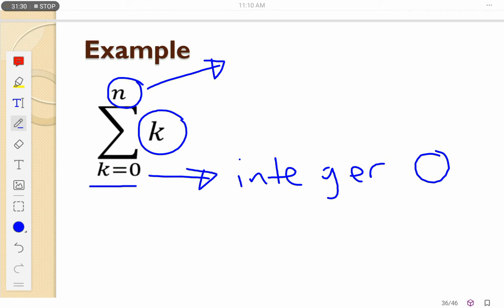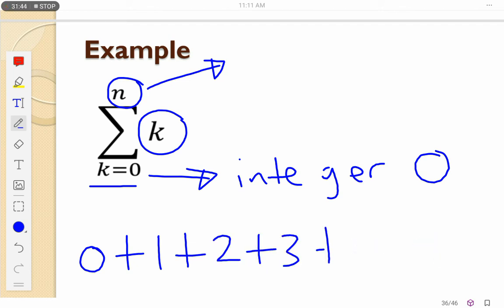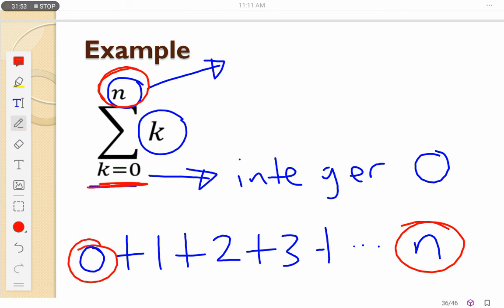If I want to expand this summation sign, I can write 0 plus 1 plus 2 plus 3 plus up to the n term, which is the last term shown on this part here. The 0 is the one that is starting here. That's basically what we have.